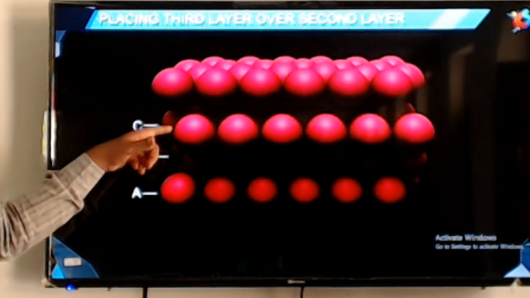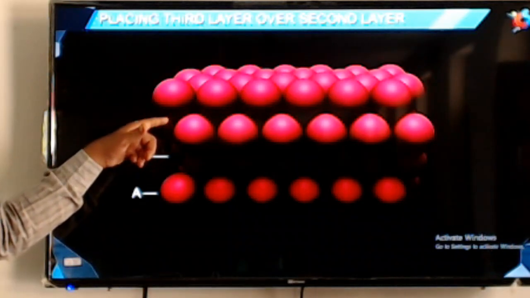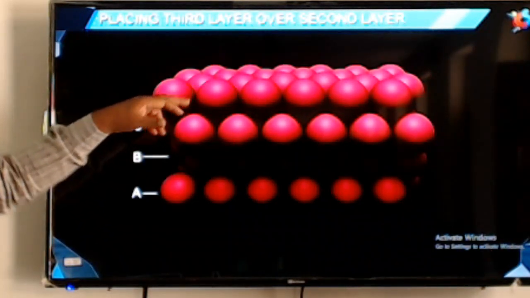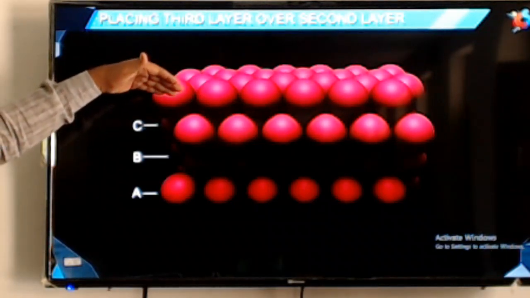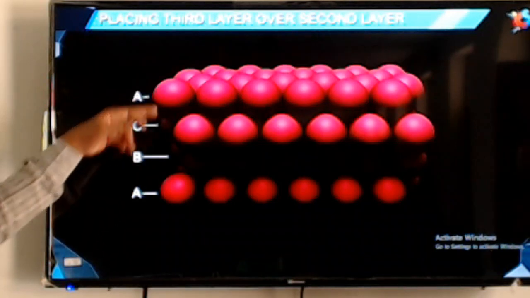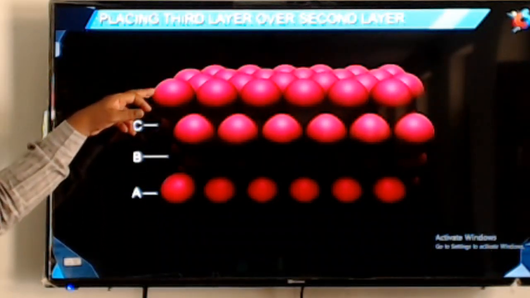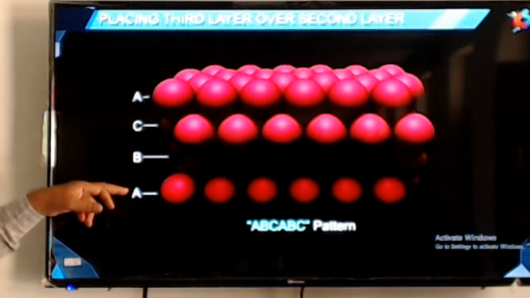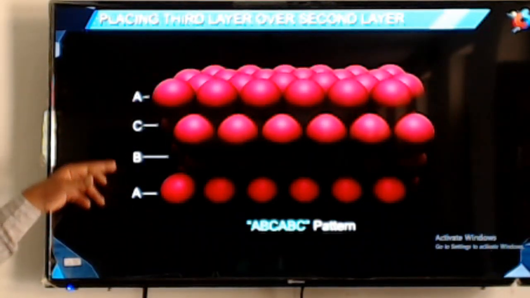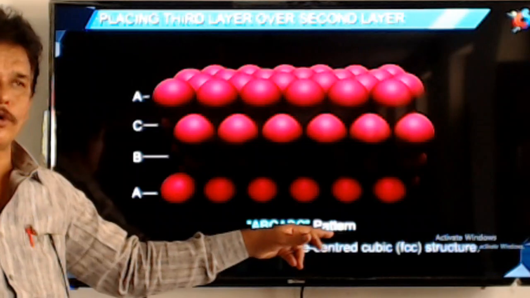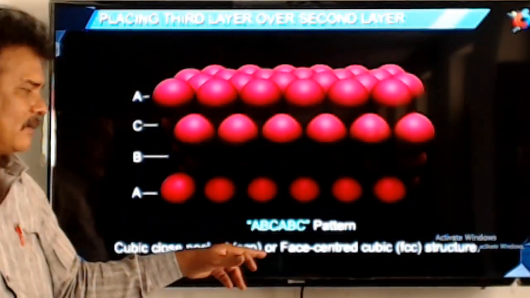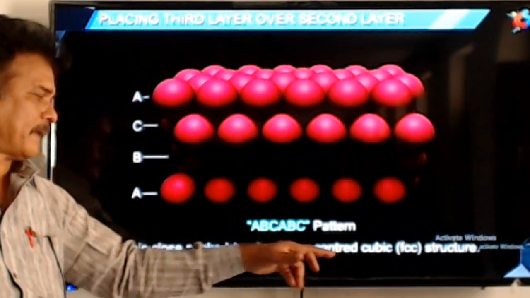If the octahedral voids of C are covered by the fourth layer, then the particles of the fourth layer will duplicate the first layer. So if the first layer is A, then the fourth layer is also A. So this type of three-dimensional close packing is called ABC type of close packing. It is also known as cubic close packing or FCC close packing.